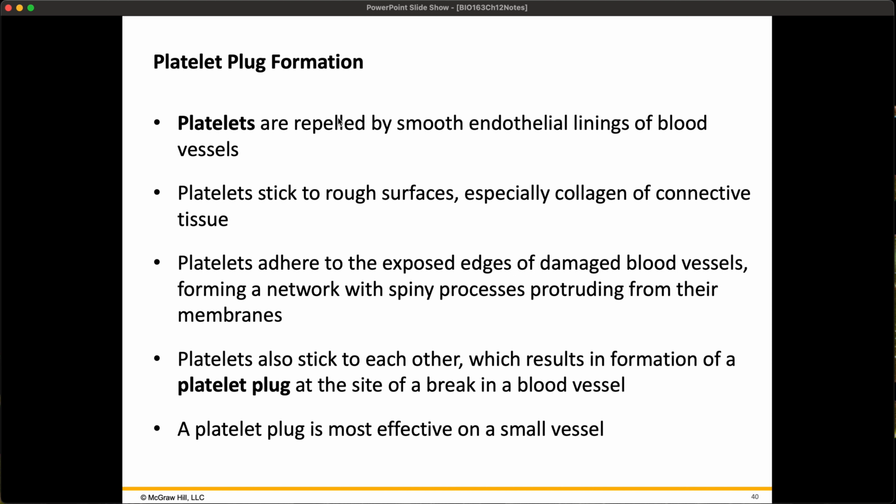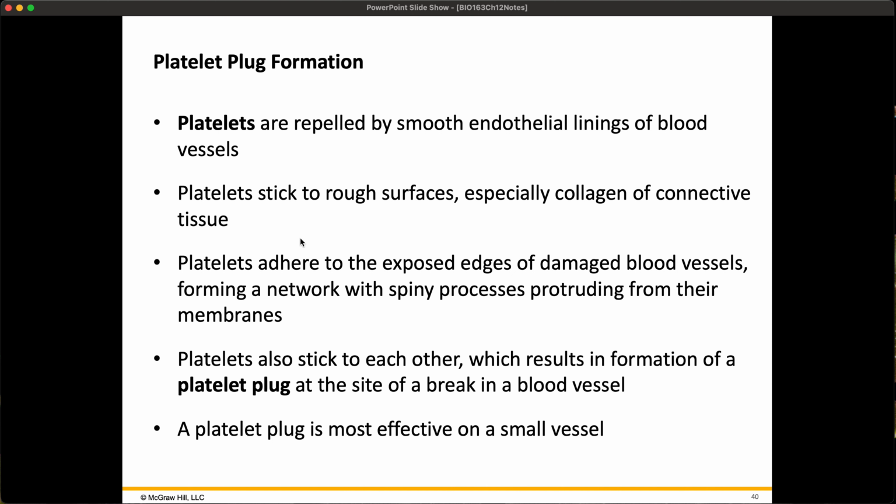So the platelet plug formation is the second phase. Typically, when you have an intact blood vessel wall, it's very smooth and it actually produces a certain molecule that keeps it slick, almost like a wax material that helps to make sure things slide along the inside of the blood vessel wall.